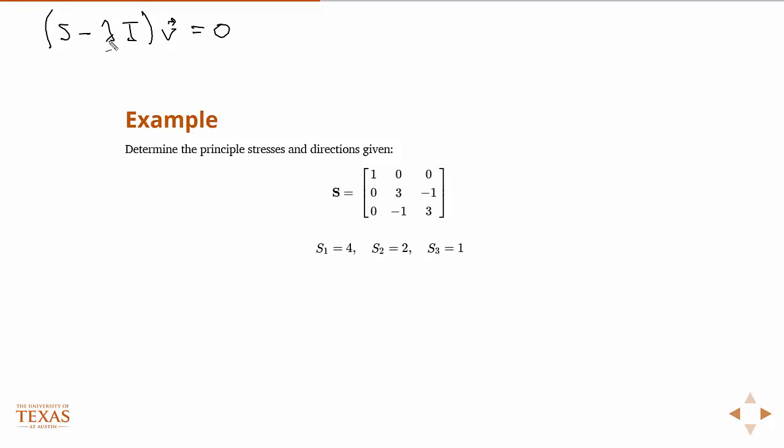And once I plug in a value for lambda, this is nothing but just a matrix. So something like Av equals 0. This is actually a vector, the 0 vector.